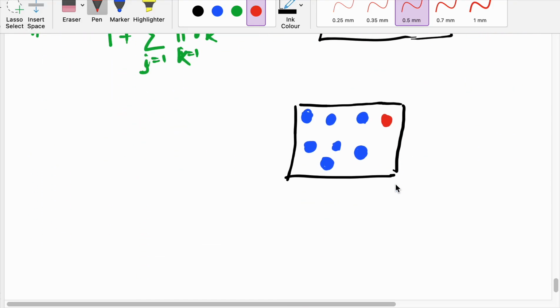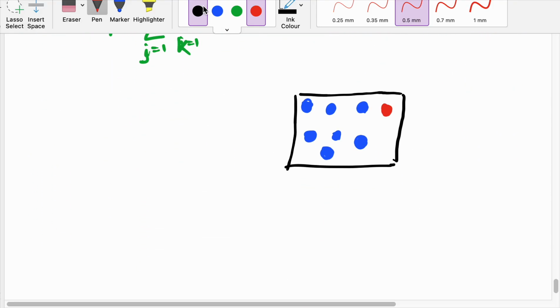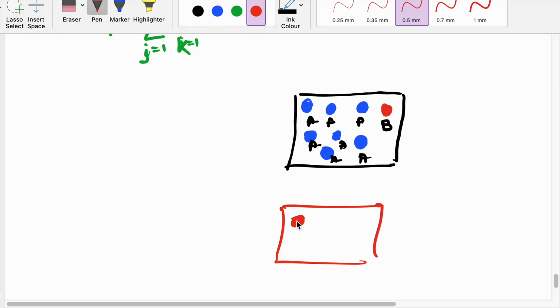I am asking the reverse question. Suppose in an all a type population, if some b type individual occurs in the population, what is the probability that it will become all b type individuals?